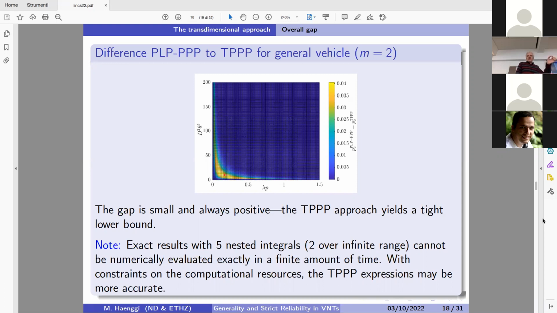So there's going to be some error in there naturally, because in a finite amount of time we cannot evaluate with arbitrary precision. So if we put constraints on the resources we have to evaluate, it might be that we end up with a better result using this simple approach than with the seemingly exact approach.